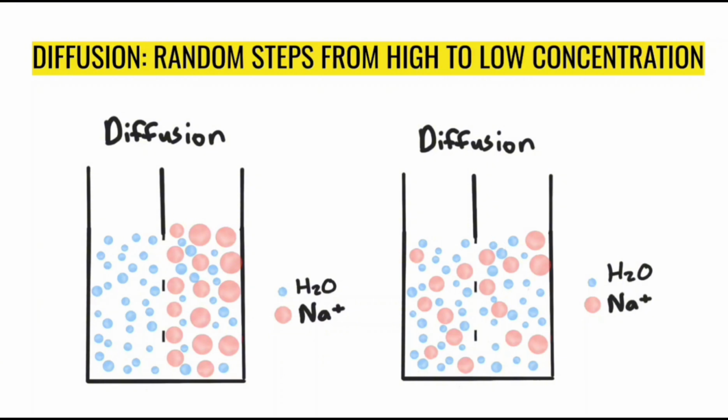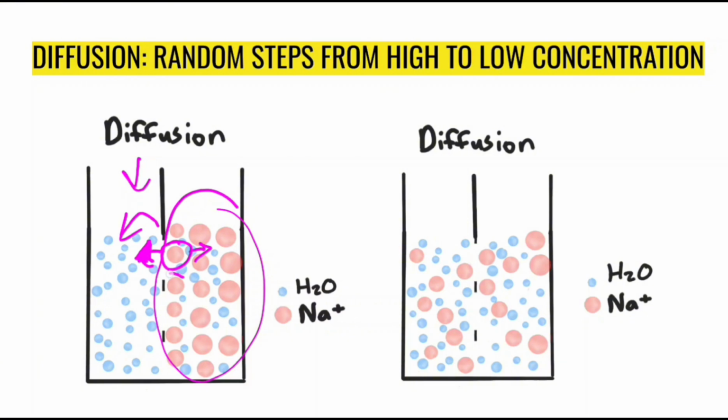Why is it doing this? Well, it turns out that each of these sodium molecules is moving around randomly. So it could take a step this way or a step that way, and each has an equal likelihood. But if there are more molecules on this side than this side, then only molecules moving this direction will affect what's going on over here.